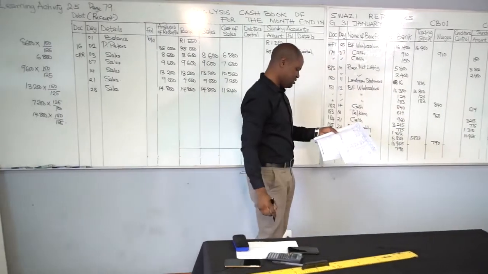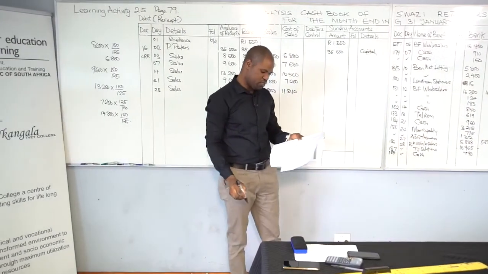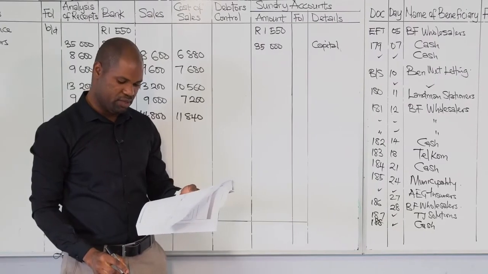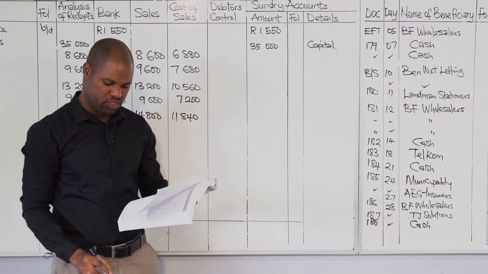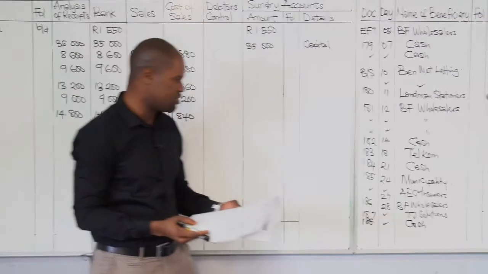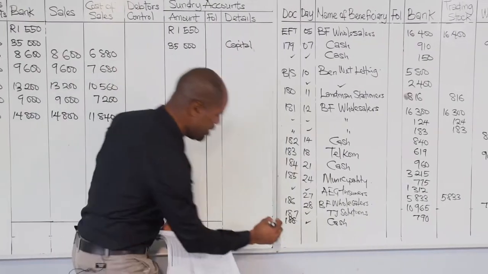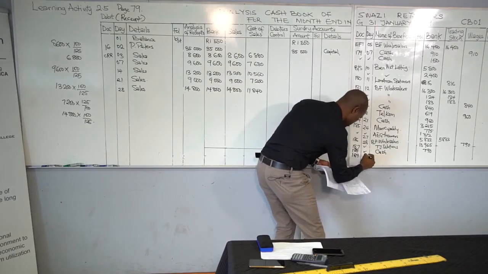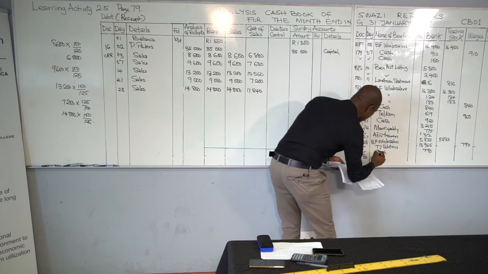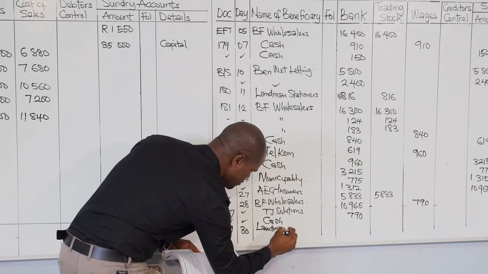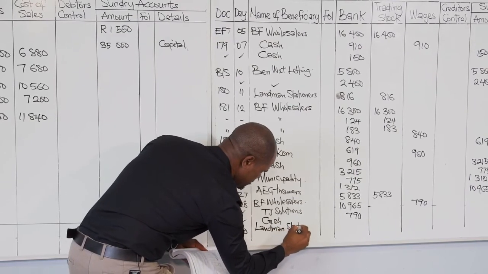Then on the 30th, he purchased stationery amounting to 59 rand and 613 from Landman Stationer, and paid by check. The check is 189. The date is 30, and the beneficiary is Landman Stationer.